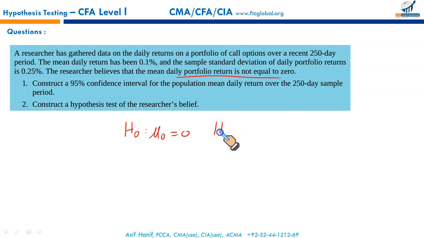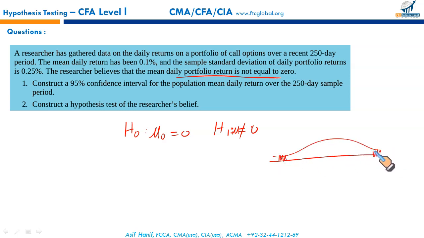So the alternative hypothesis is that mean is not equal to 0. Since the null hypothesis is an equality, this is a two-tailed test at 5% level of significance. All right, so it can be shown this way.